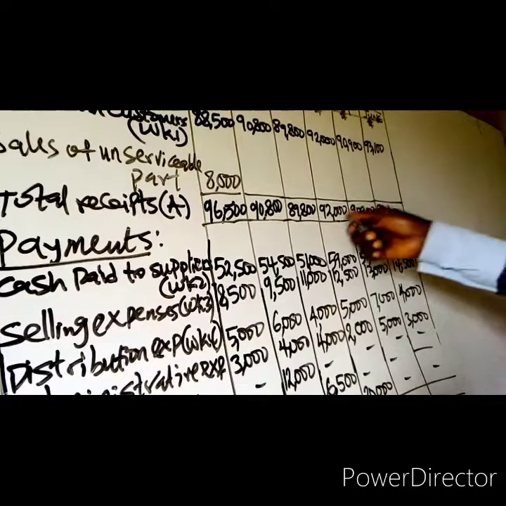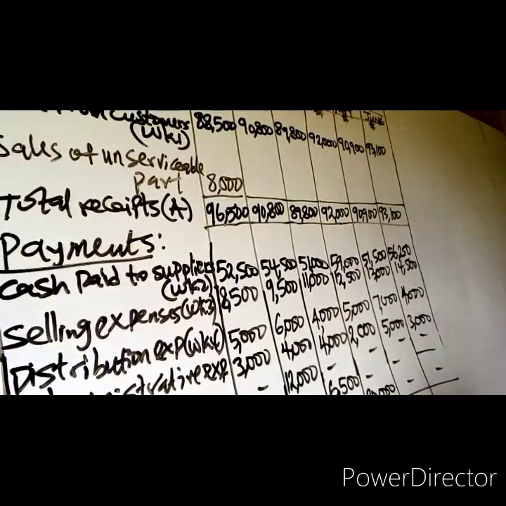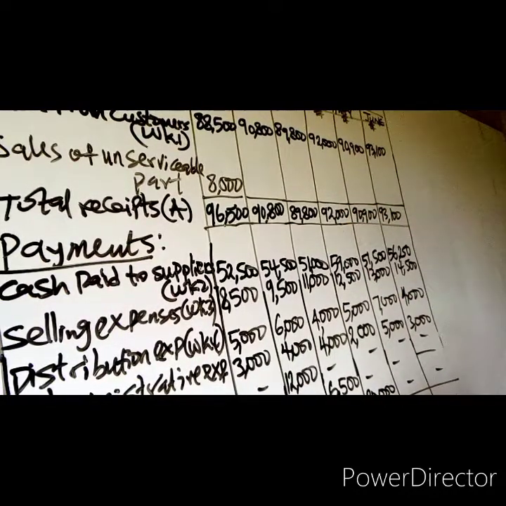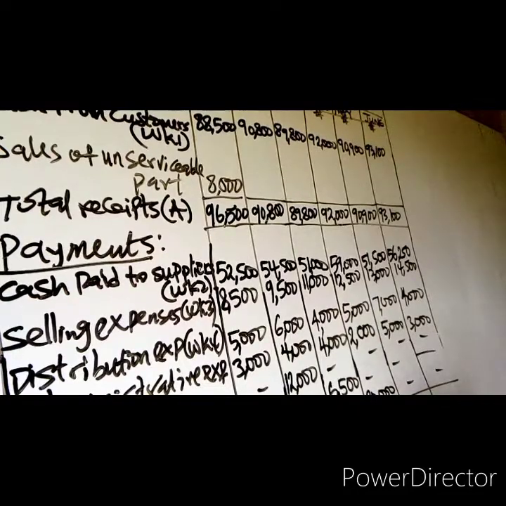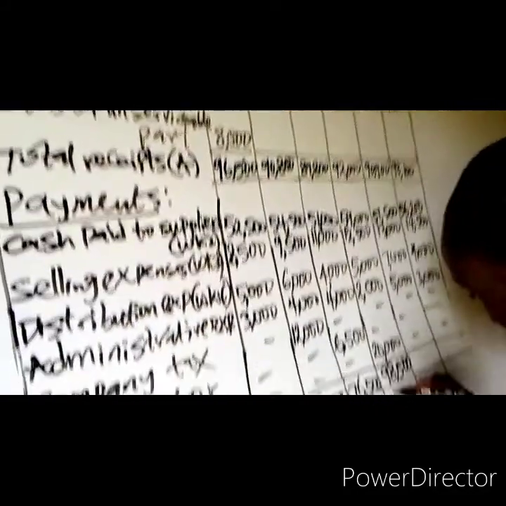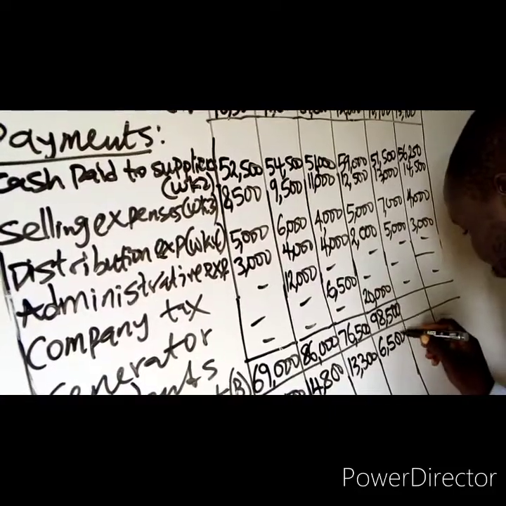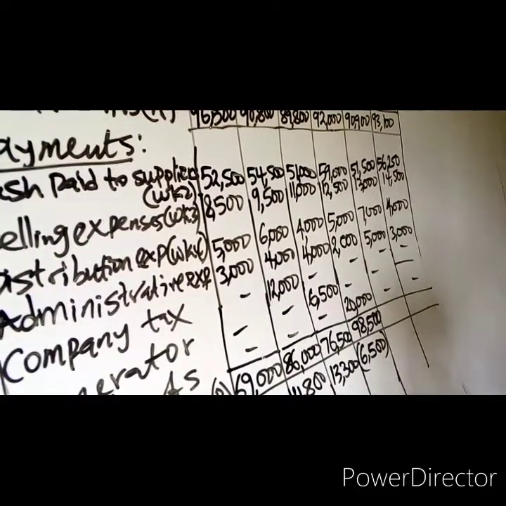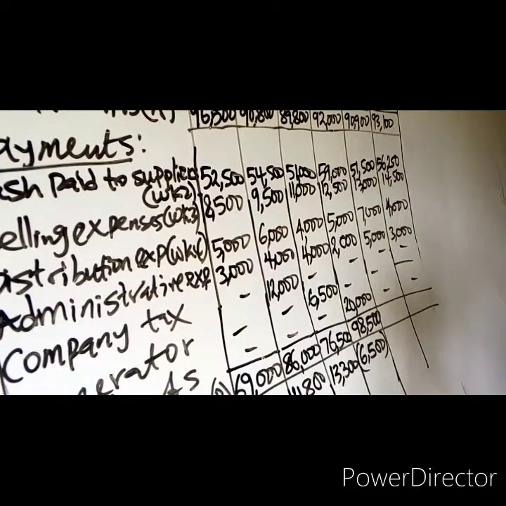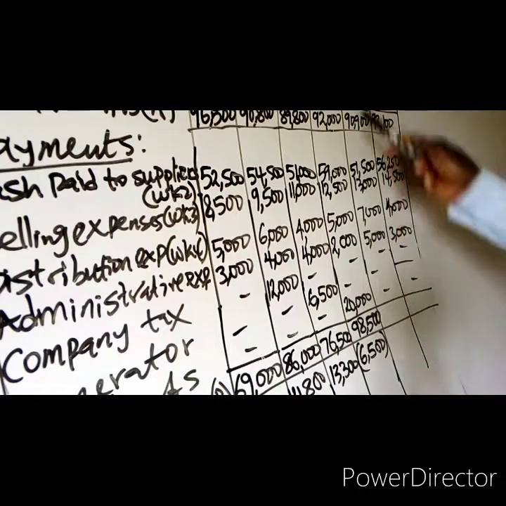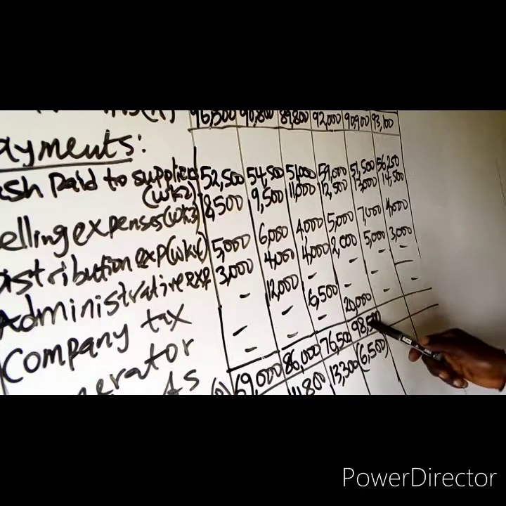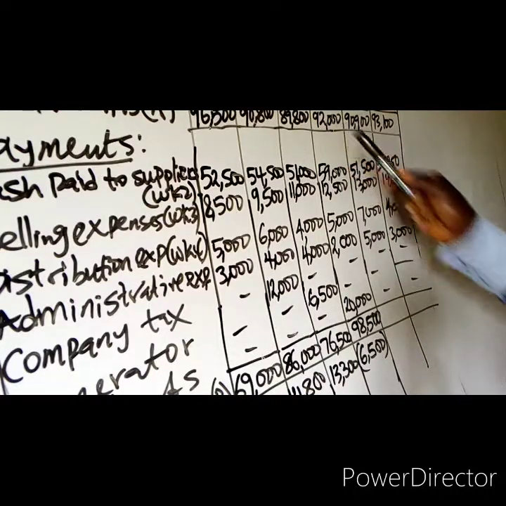So now the total receipt is 92,000. When you subtract the payment from the receipt, you have the net amount of 6,500 negative, because the payment exceeds the receipt. So that means the cash was overdrawn in the month of April, because the payment of 98,500 exceeds the receipts of 92,000.